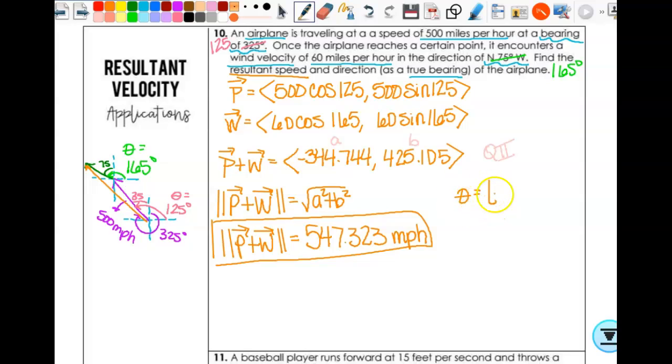Okay, so now I need to find theta. Theta is the tangent inverse of b over a. So I need first to get alpha out of the calculator. Let's go ahead and find that.